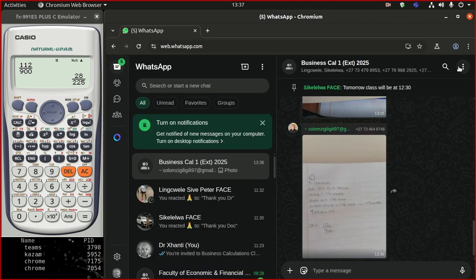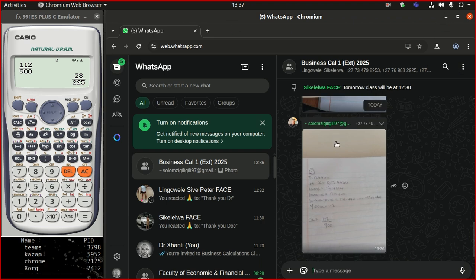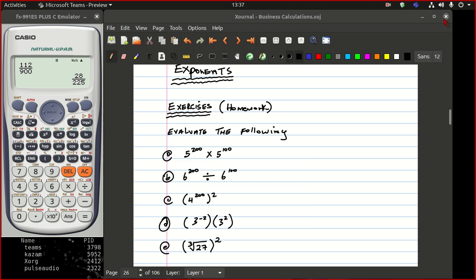Let us now proceed with laws of exponents. This is correct. Just make sure that you simplify it, you write it in simplest form, because you can see that it is 28 over 225. That's the only thing you need to add, so that you don't end up losing some marks, 1 mark or 0.5 of a mark.